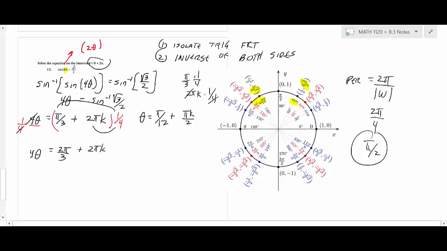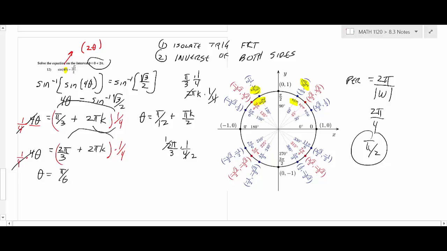Now I do the same thing here. Multiply by 1/4, multiply by 1/4 here. When I do that, you're going to have theta there. Now just multiply it out. So if I do this, I'm going to have 2 pi over 3 times 1/4. You can reduce the 2/4 to 1/2, so that's going to give pi over 6.